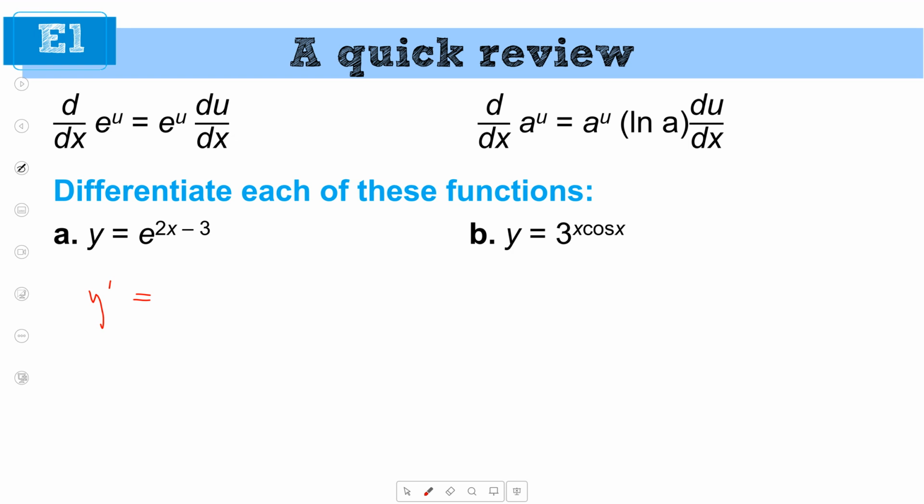Good. So what's e to the u? Itself times what's du/dx? 2. Now this is the point where I mock you. I can't do this. You just did it. Good.